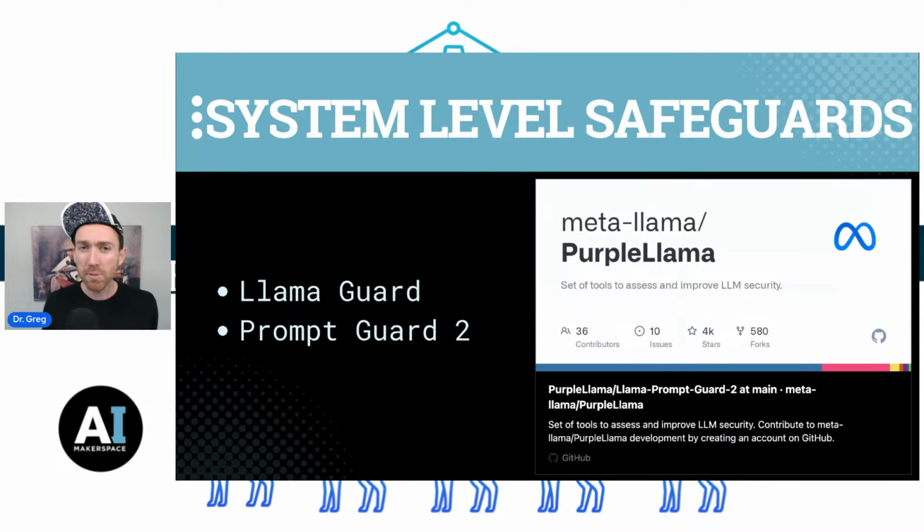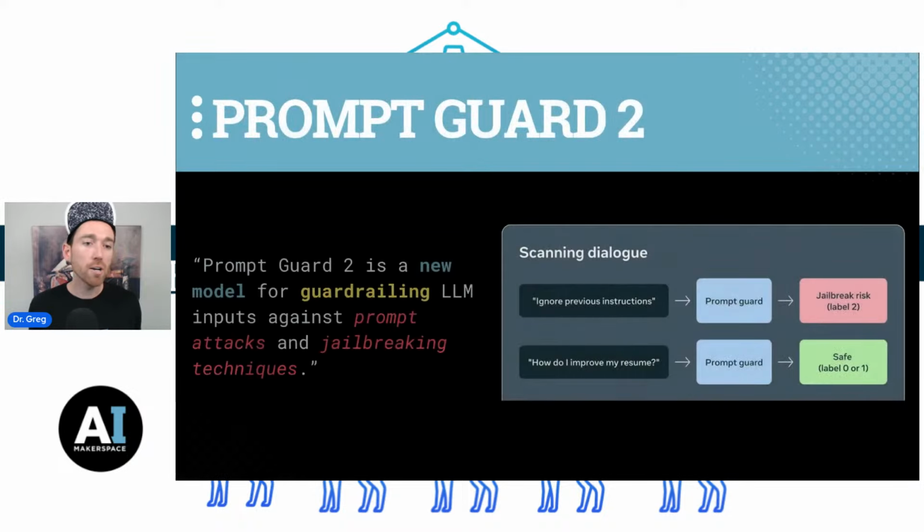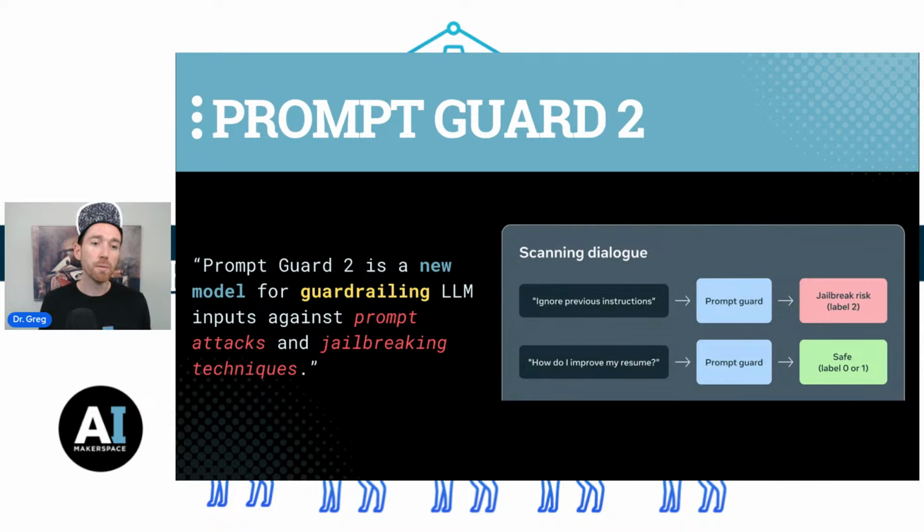So the Prompt Guard model, which is now Prompt Guard 2, is one such example, where this model is going to be focused on prompt attacks, like this kind of prompt injection, and the jailbreaking techniques. So these are well-studied approaches.